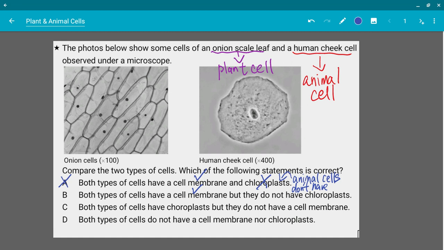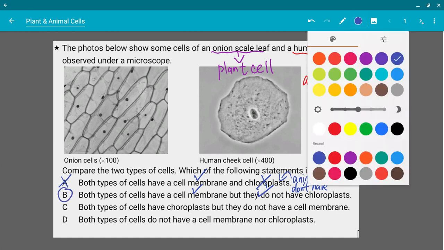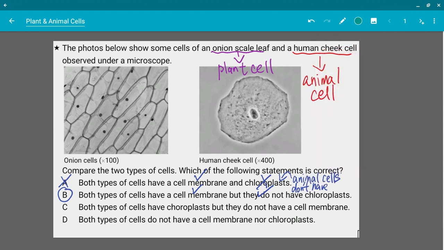You've seen onions, right? Is it green colored? No, it's not green colored. So actually, onion cells, they do not have chloroplasts. So hence, this option is also true. Okay, from this we know obviously option B is the correct answer, but let's move on and read the rest.